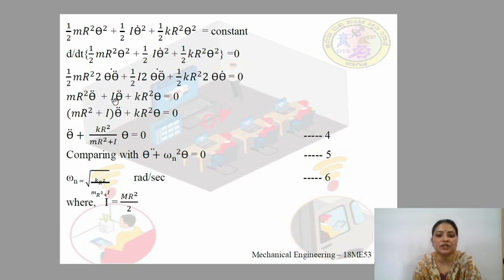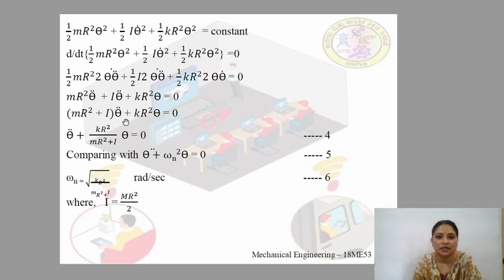In the first two terms, we see that theta double dot is common. So when theta double dot is taken as a common term, we can write (m r square plus I) into theta double dot plus k r square theta is equal to 0.